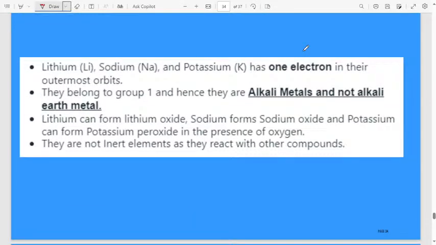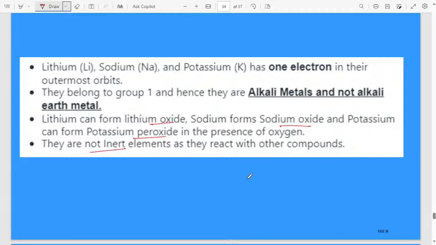Lithium, sodium, potassium have one electron in their outermost shell. They belong to group 1. They are alkali metals, not alkaline earth metals. Lithium can form lithium oxide, sodium forms sodium oxide, potassium can form potassium peroxide in the presence of oxygen. These are not inert elements.